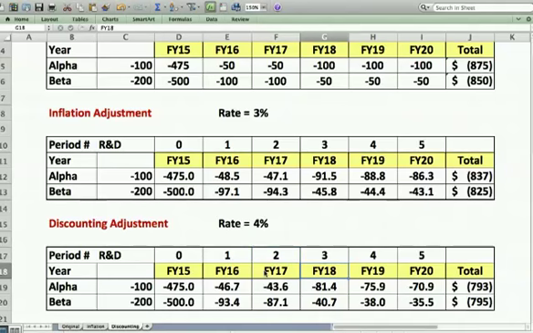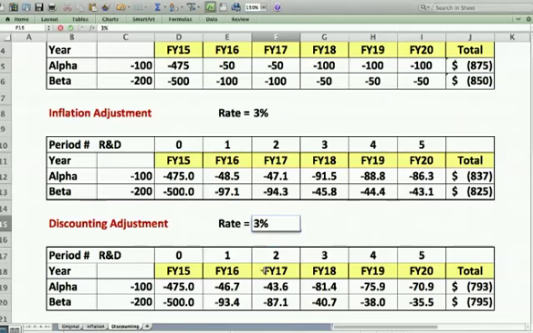Notice that now, if we had a 7% discount rate, alpha is less expensive. At a 4% discount rate, I think we still have alpha being less expensive.